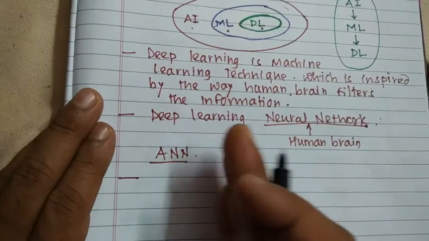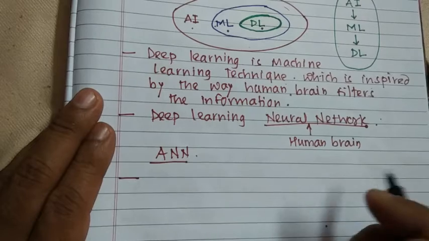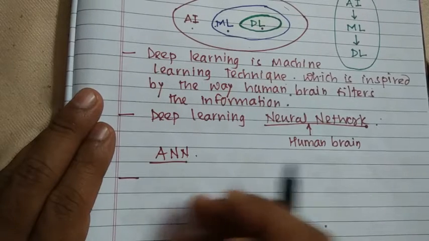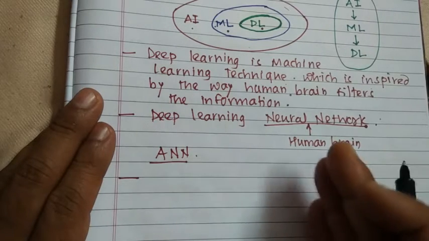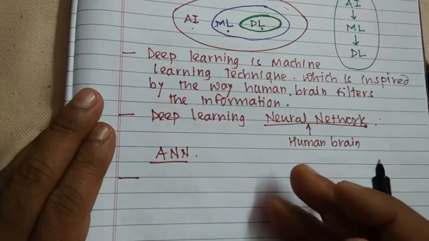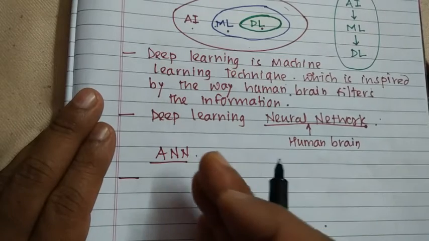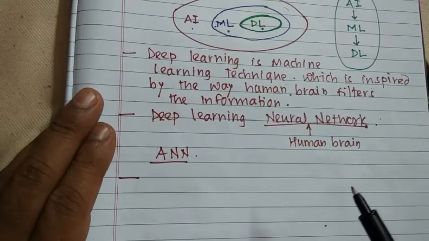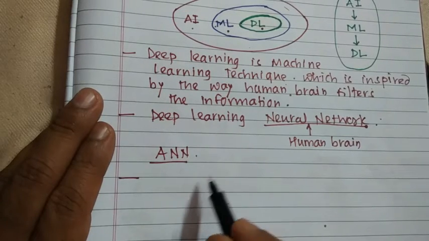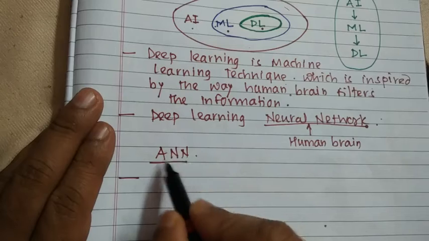Like this, the filtration of information takes place across the neurons, and that information is passed into our brain, and after this we can come out with a particular decision. The same way this artificial neural network works.